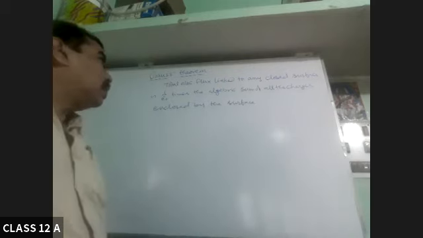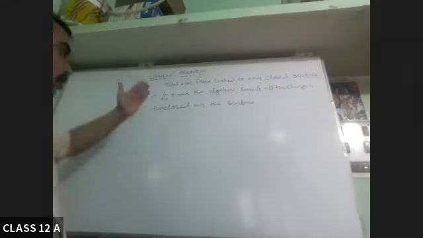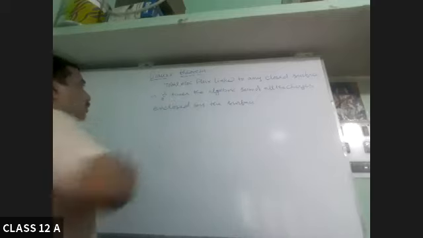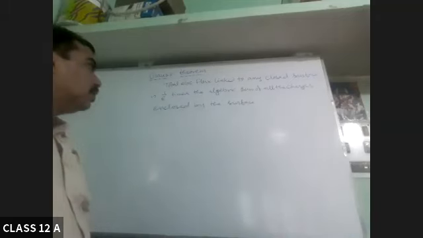So the total electric flux linked to any closed surface is 1 by epsilon naught, or epsilon we can say. If vacuum is not there, then epsilon will be there, so we can write epsilon only. If air or vacuum is there, epsilon naught. For any other medium, 1 by epsilon times the algebraic sum of all the charges enclosed by the surface.